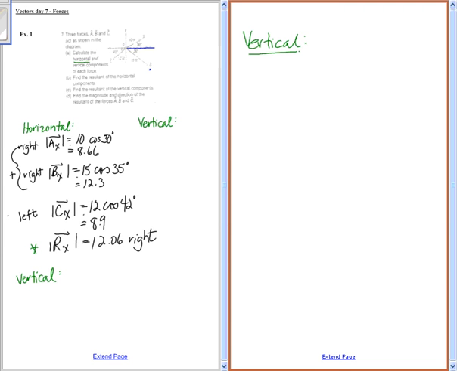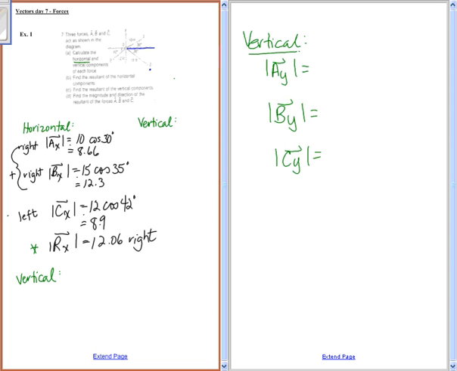My vertical for vector A, for vector B, and for vector C. I want to know this component right here, this component right here, and that component there.